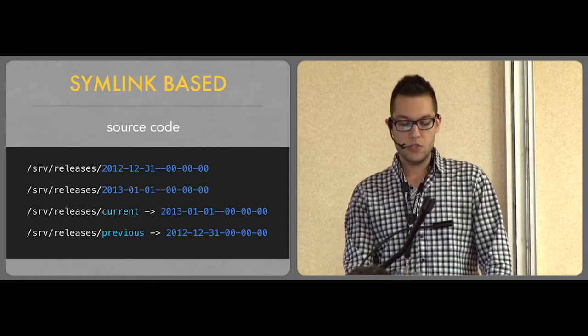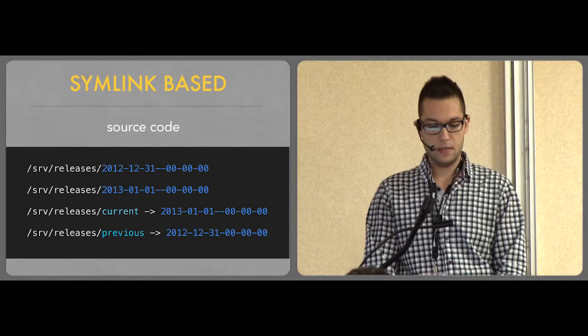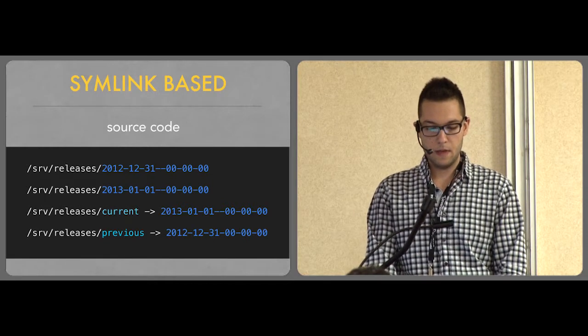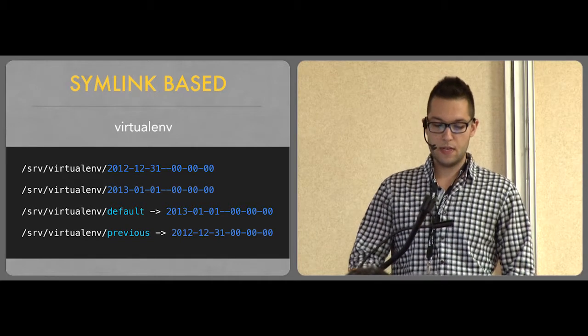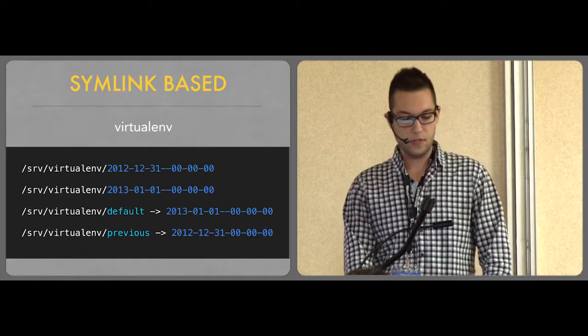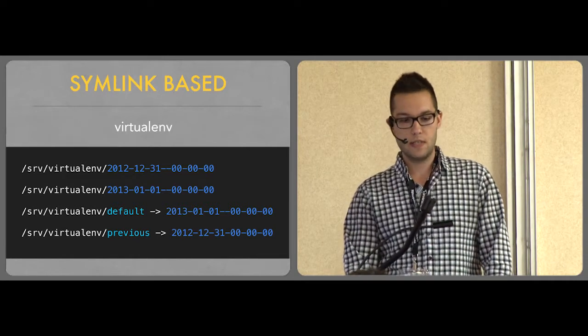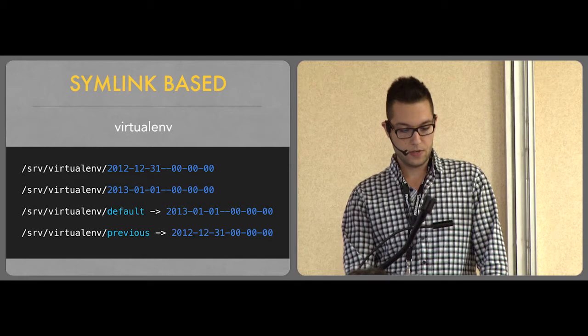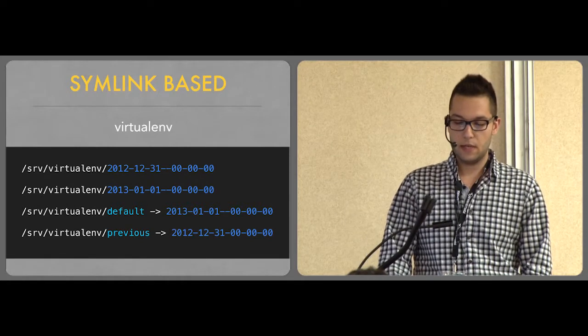Your gunicorn workers only deal with the current symlink in any config files. Same thing for your virtual env. In this case, we have our virtual env in /srv/virtualenv/default. That's where your supervisor configs deal with that location only. And same thing, previous is there for rollback.